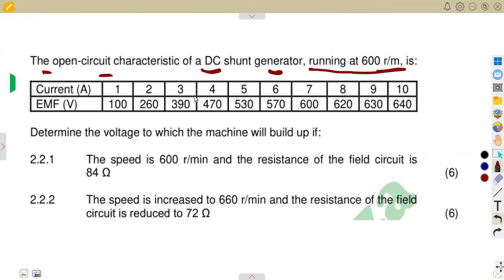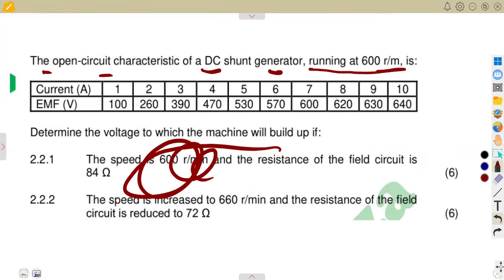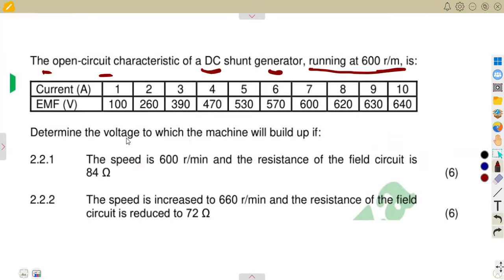You have the field current 1, 2 up to 10, the terminal voltage, and so on. We are asked to determine the voltage to which the machine will build up, just like the previous case.